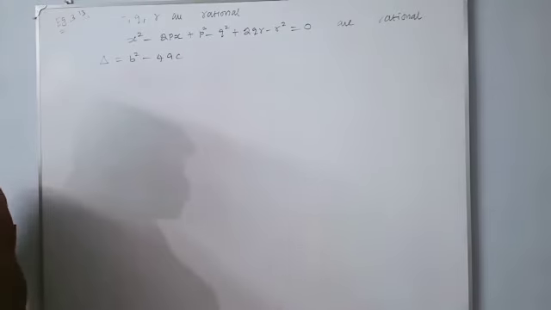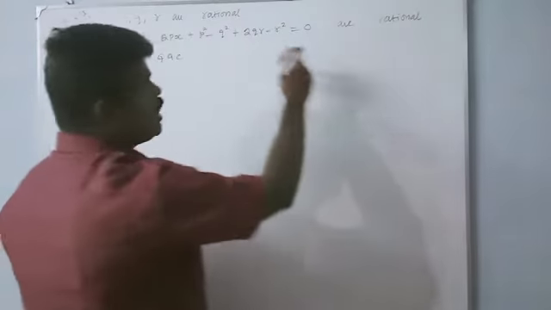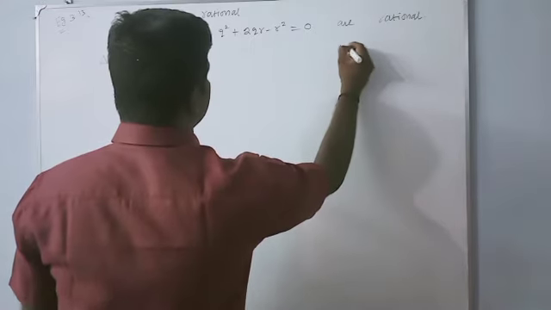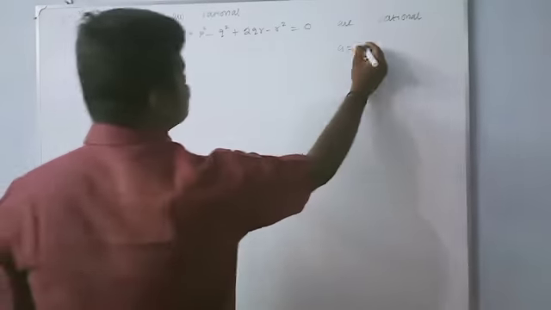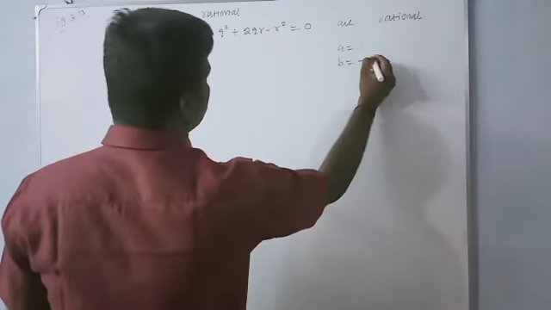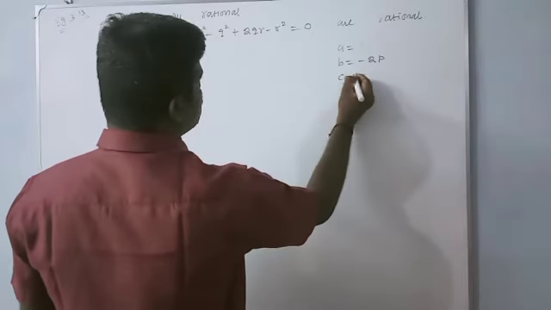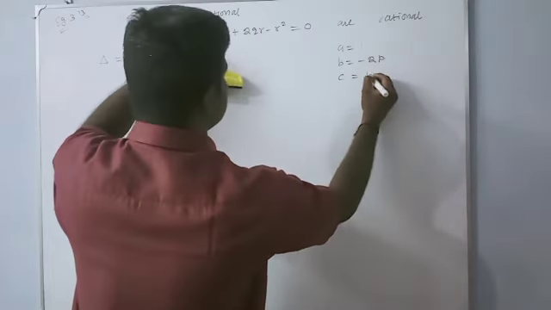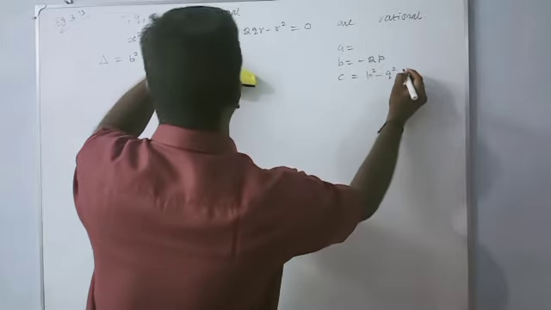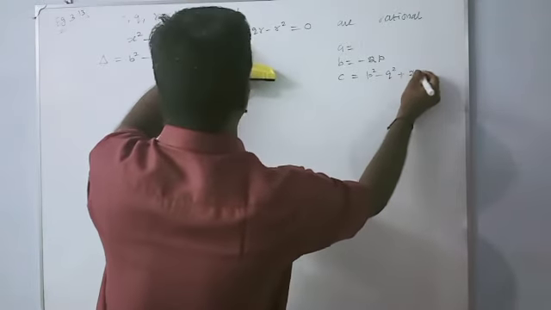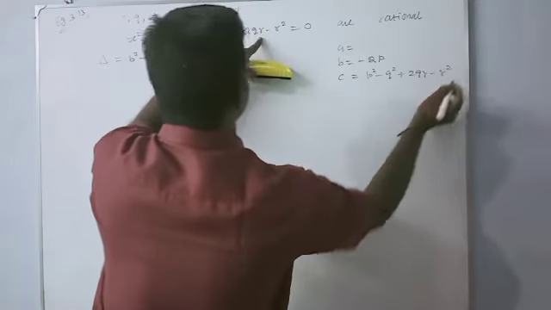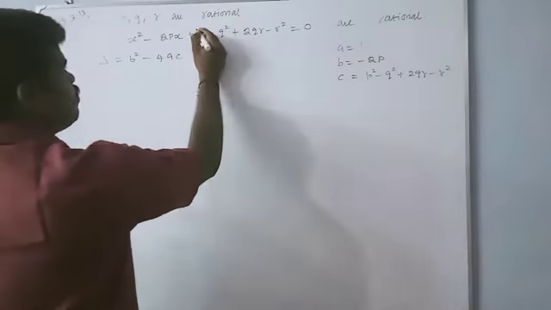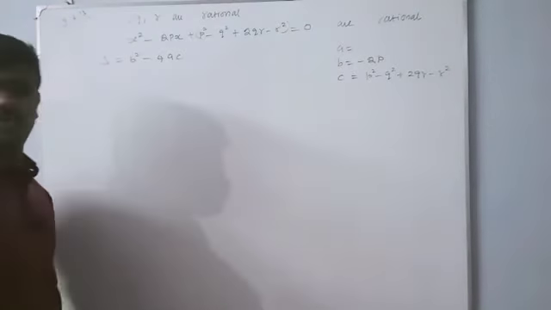Here a is equal to 1, b is equal to minus 2p, and c is equal to p squared minus q squared plus 2qr minus r squared. This is the complete c value.